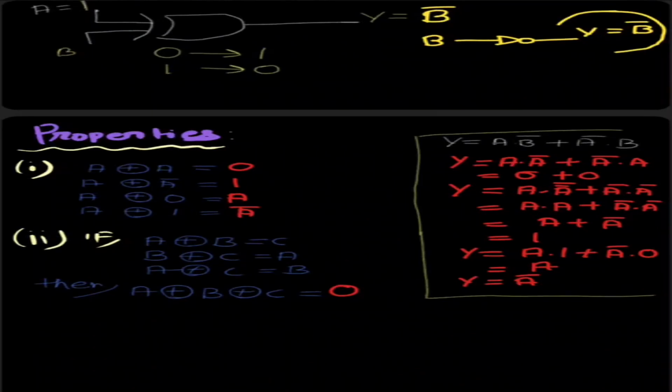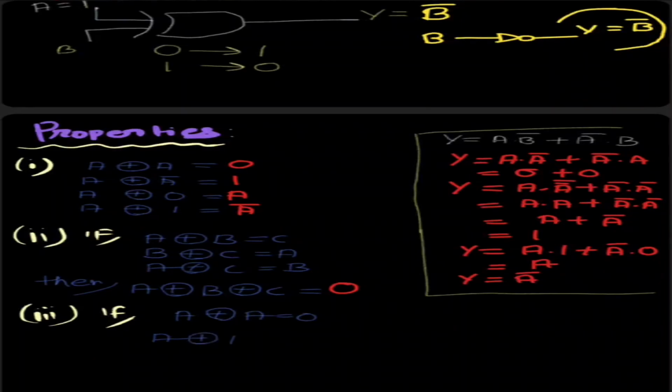Now let's talk about the third property. If A XOR A equals 0, we know that. Then what will be A XOR A XOR A? We know that A XOR A is equal to 0.